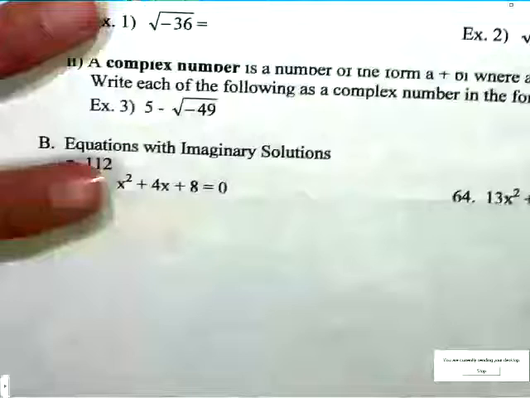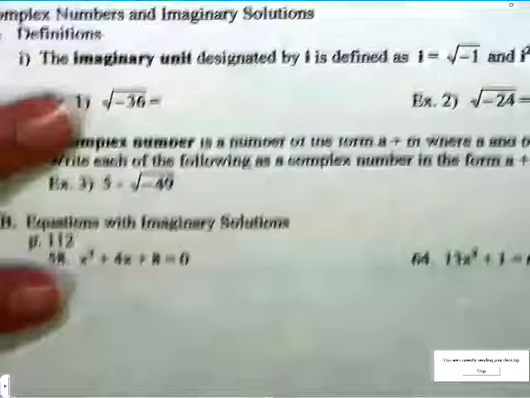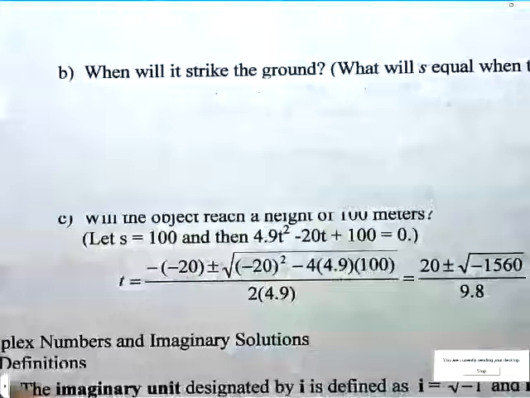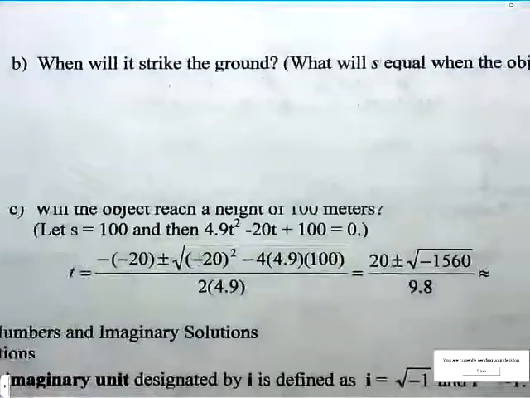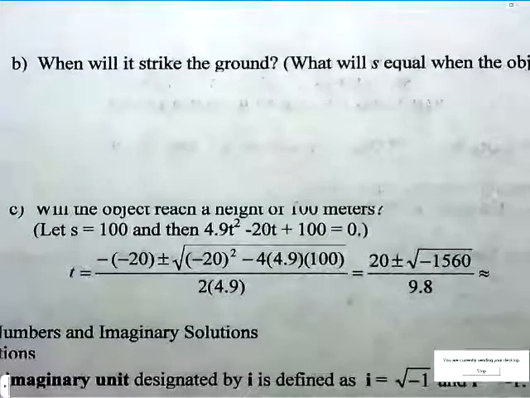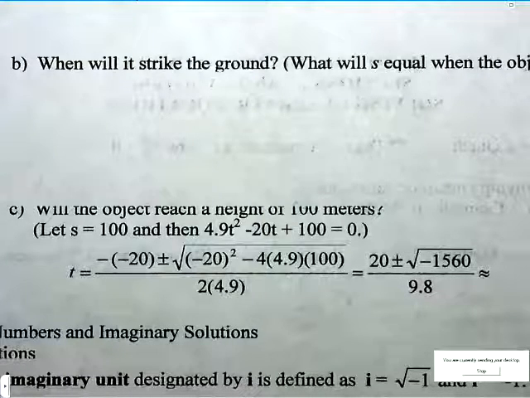The B part says, when will the ball strike the ground? Well, if you give me numbers to plug into an equation, I'm pretty good at that. But if you just say, when will the ball strike the ground, you haven't given me any number to plug into the equation. You didn't give me a value for time.